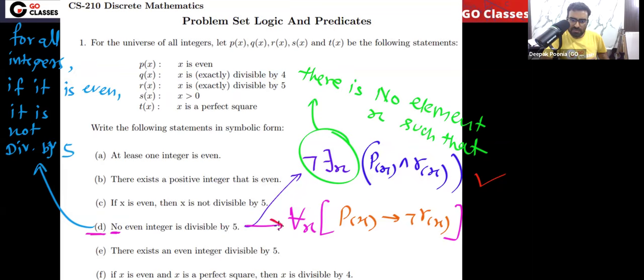What claim are we making? That if it is even, then it is not divisible by 5. Basically, C and D are the same if you notice.